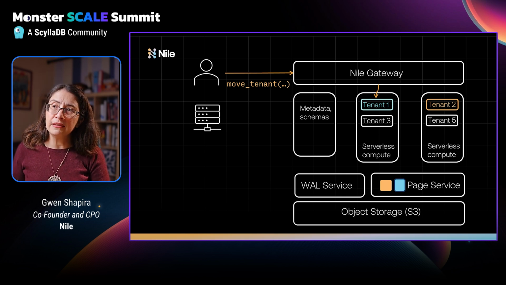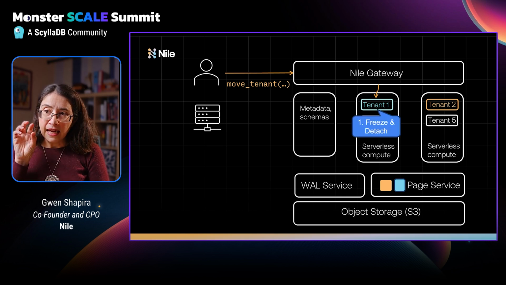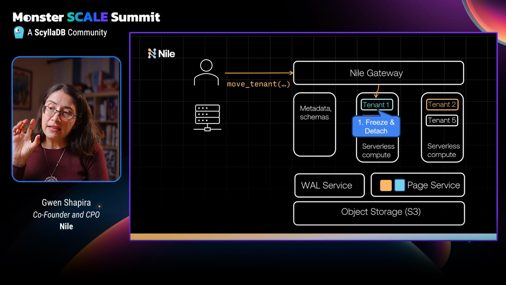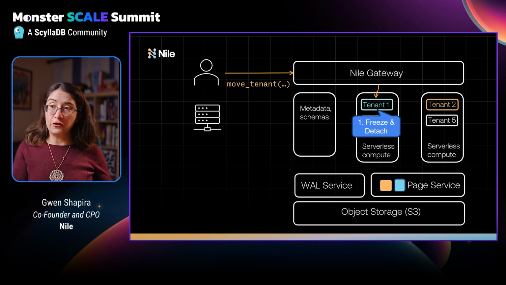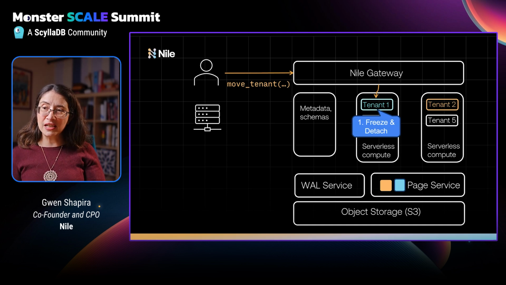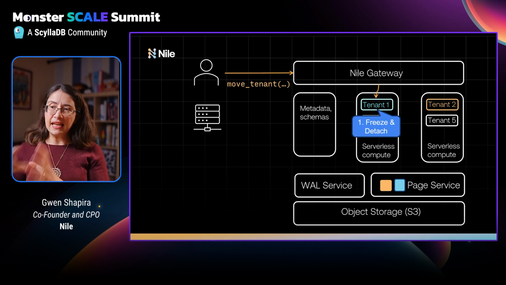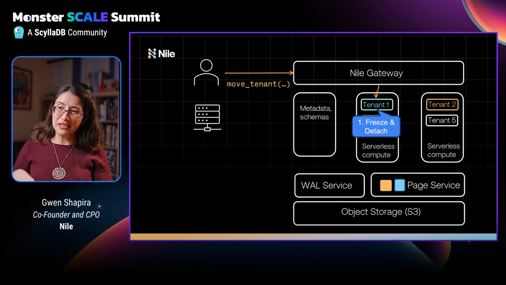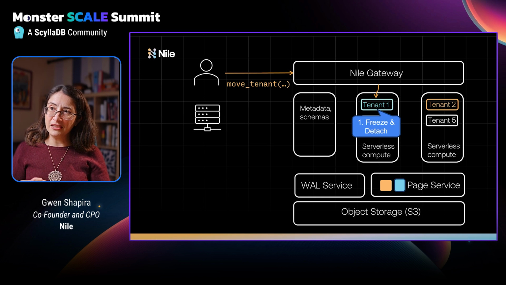So how do we do it? We use elements that already exist in Postgres. We freeze the tenant, meaning we force Postgres to dump everything related to that tenant to disk, including the state of its ongoing transactions, a bunch of IDs, and obviously any in-memory data. Everything is pushed into disk.